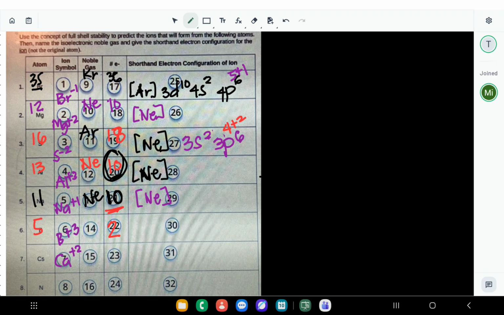So what is the noble gas that has 2 electrons? Helium. So the answer is helium. And the noble gas right before boron? Okay, helium. You got that? So the boron ion is just equivalent to helium.